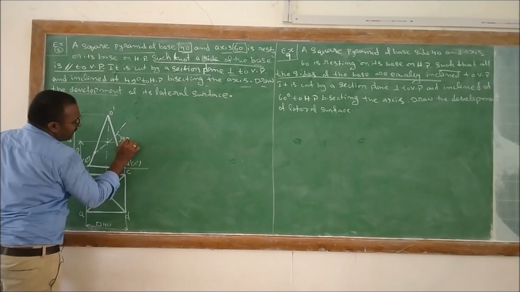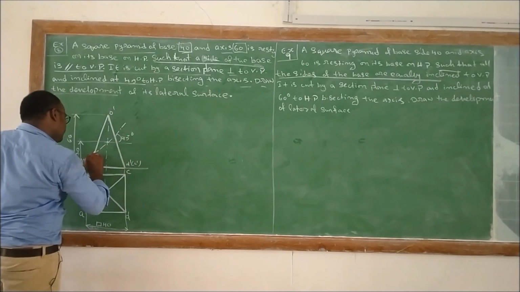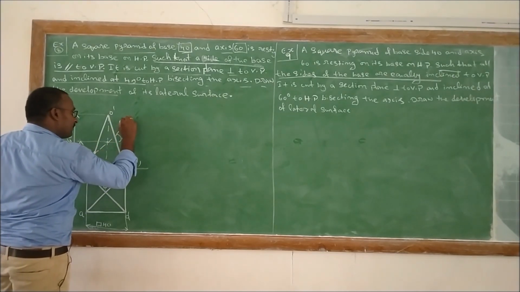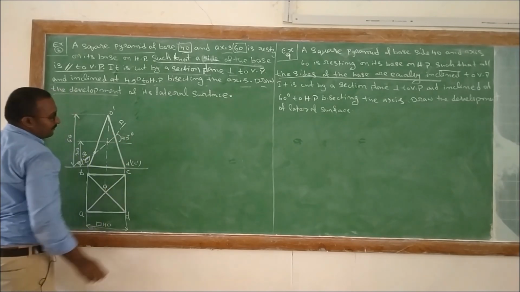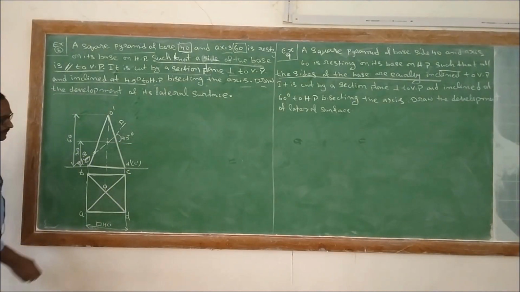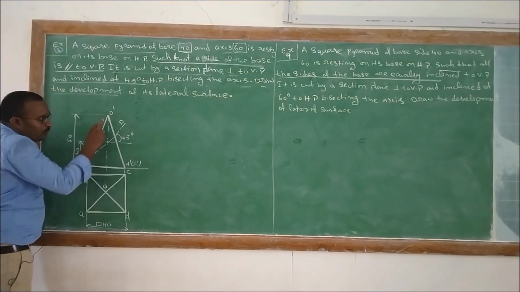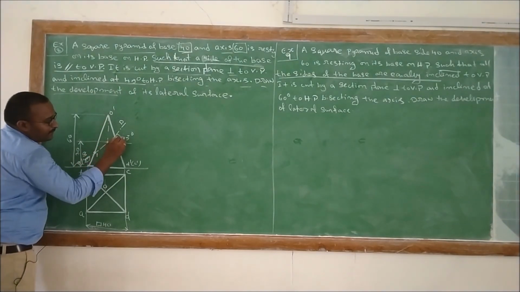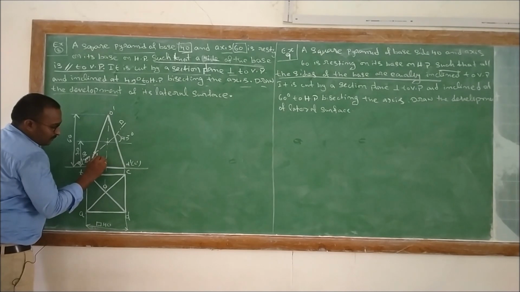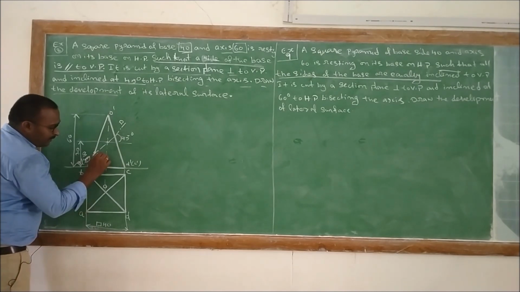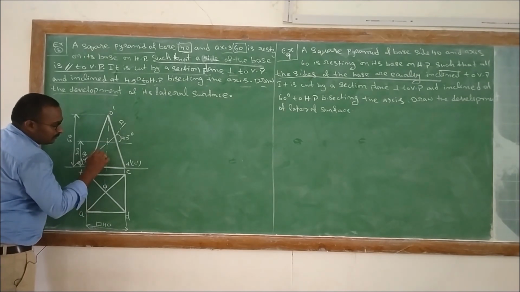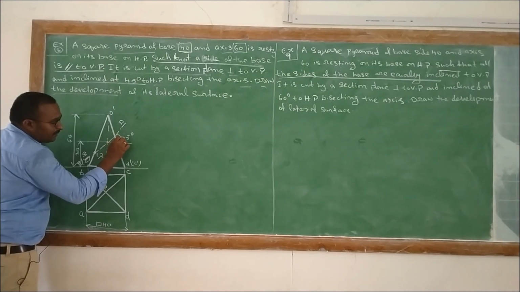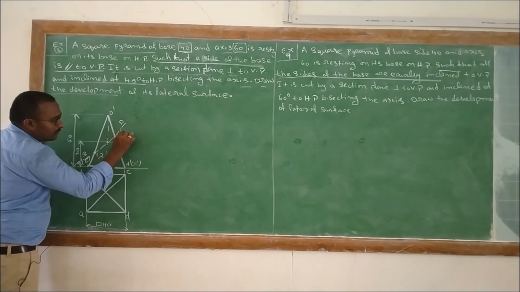Here there will be a 45 degrees inclination section plane. Now we are going to mark the points, that is 1, 2, 3, 4.